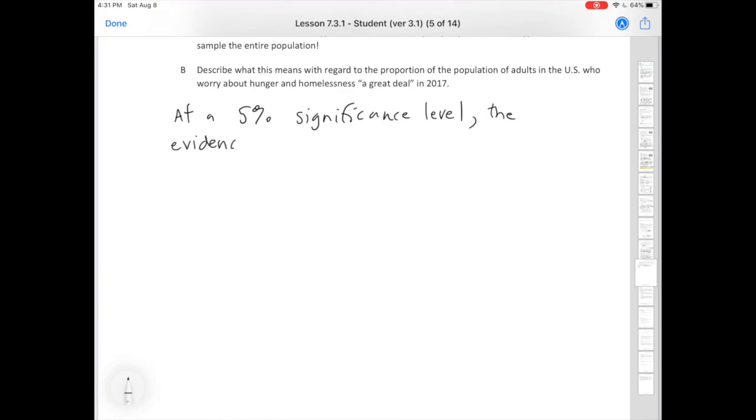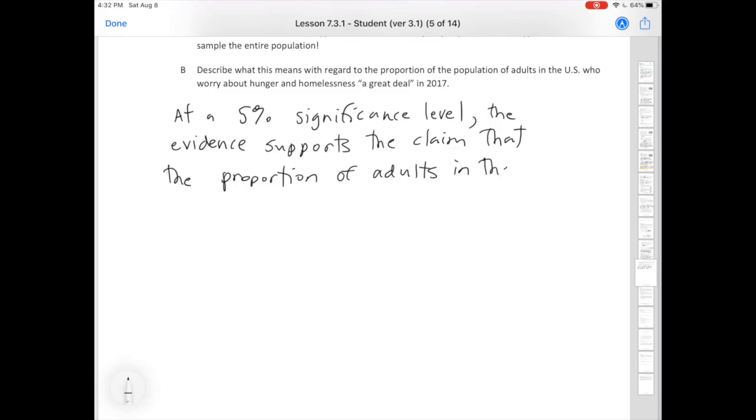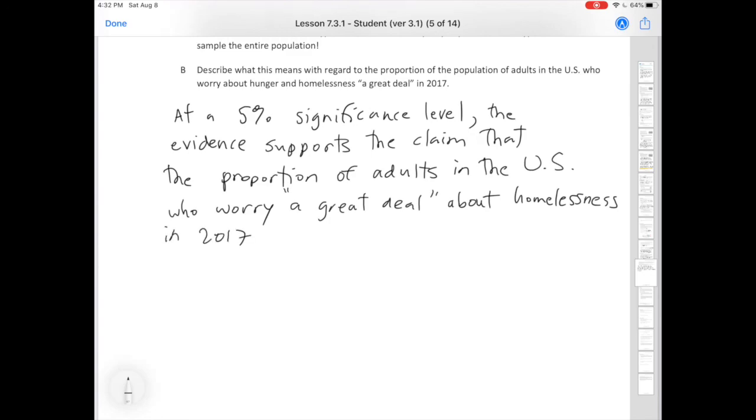The evidence supports the claim that the proportion of adults in the US who worry a great deal about homelessness in 2017 was greater than 0.41.